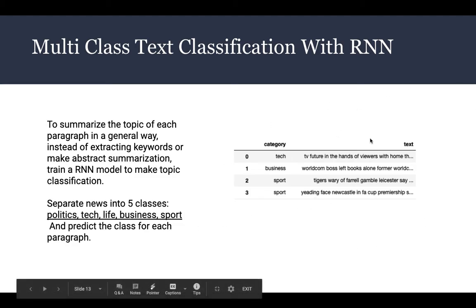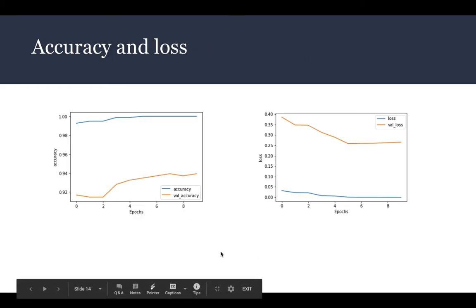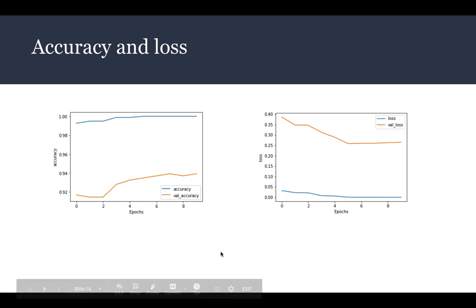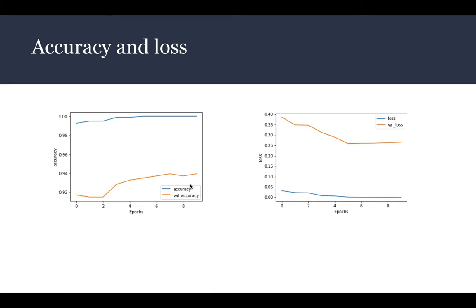Here are some samples of the training data. Here are the accuracy and the loss of the training model. We can see that it has a very high validation accuracy, nearly 94%.